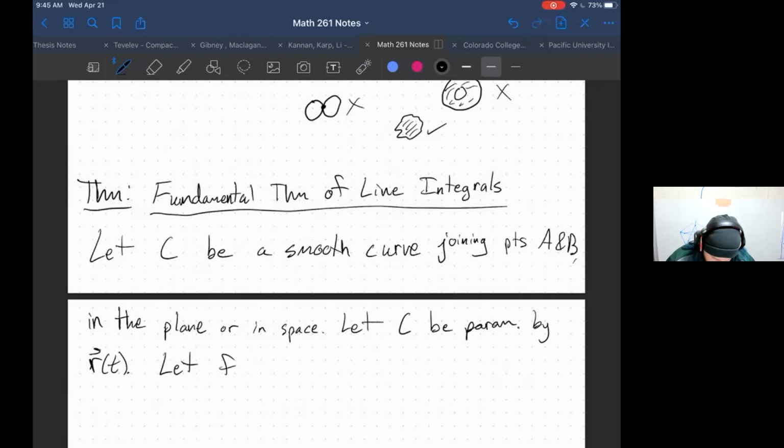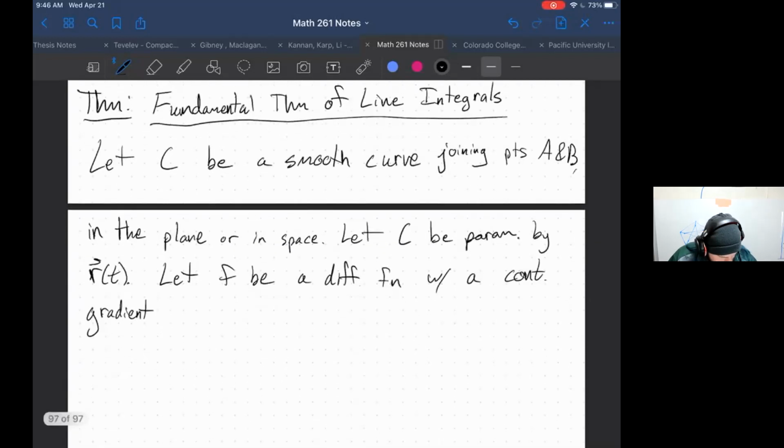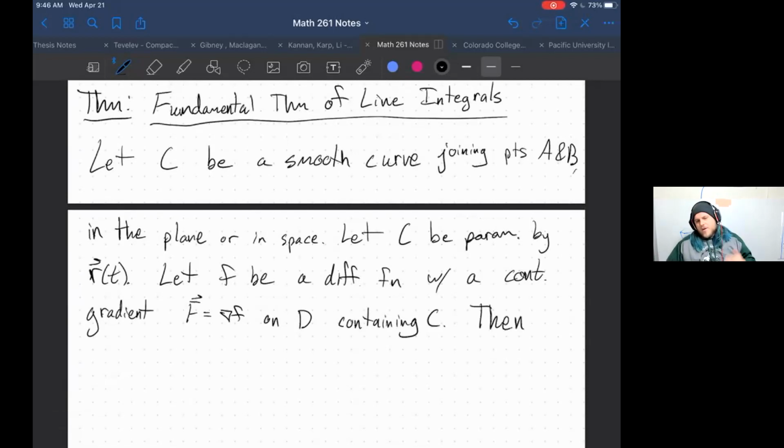Let f, little f in this case, be a differentiable function with a continuous gradient, and we'll call that continuous gradient capital F, on a domain D containing C. Okay, so once we have all of this set up, we have a curve, we have two points, we have a parameterization of a curve, we have a gradient vector field, then our lives become much easier.